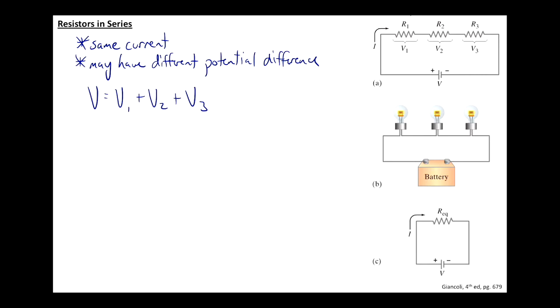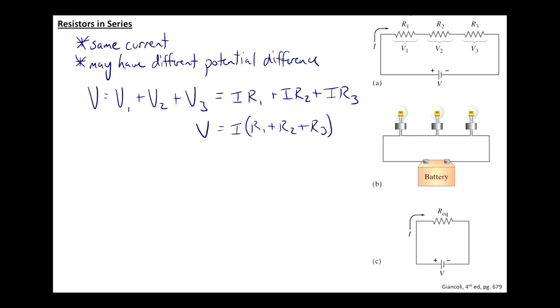But since they have the same current, I could use Ohm's law to write I times R1 for that first potential difference plus I times R2 plus I times R3. No subscript on the I because it's the same for all of them. And then we could factor out that I. Again, this is for the entire circuit.